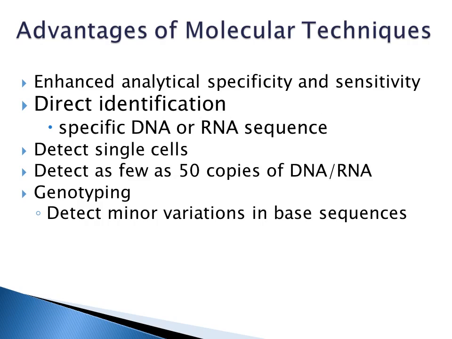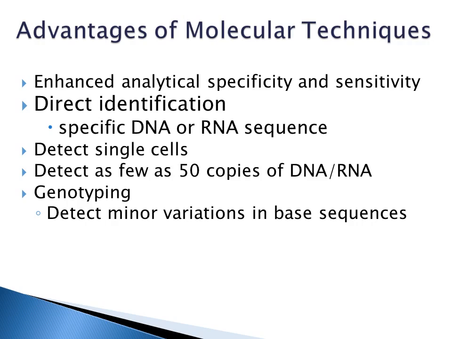So we already know the advantages and disadvantages of molecular techniques, and they're the same for forensic analysis as they are for any other analyses. So molecular techniques provide enhanced analytical specificity and sensitivity. You're also able to directly identify your DNA or RNA from your specimen. You could detect single cells.